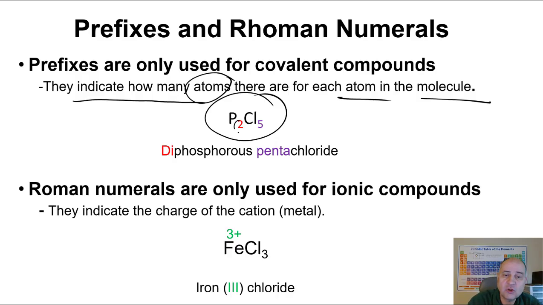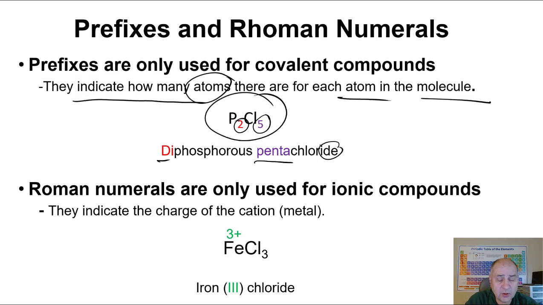There are 2 phosphorus atoms, so we call it di, and 5 chlorine atoms, so that's called penta. The first element is just the name from the periodic table. Phosphorus is listed as phosphorus. And the second element, chlorine, gets the ending IDE, chloride. So this is diphosphorus pentachloride, which, by the way, I made up. It doesn't exist. Isn't that fun?